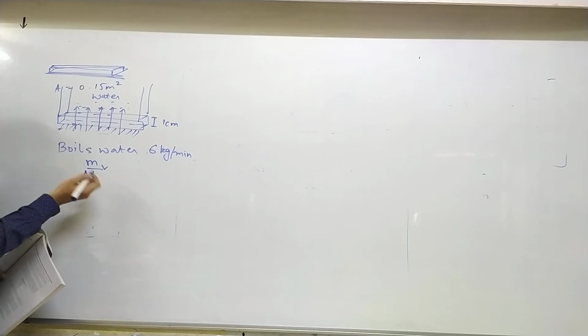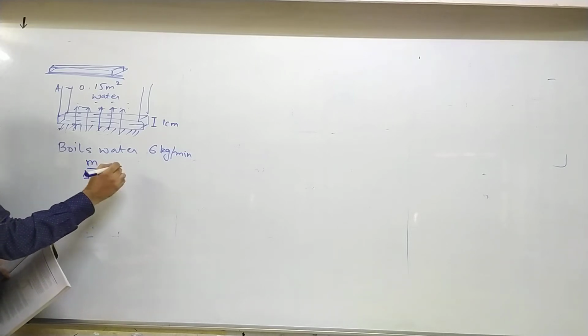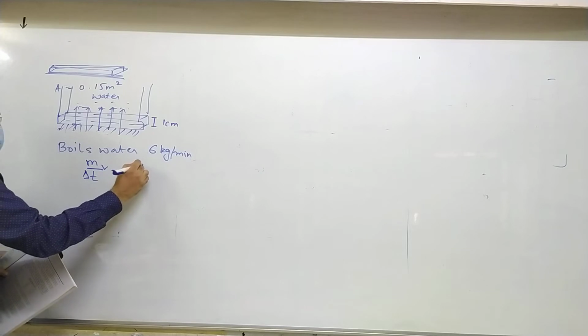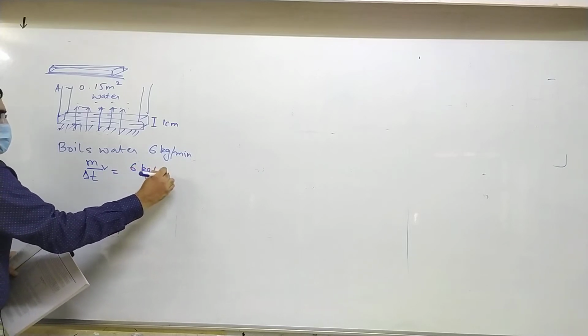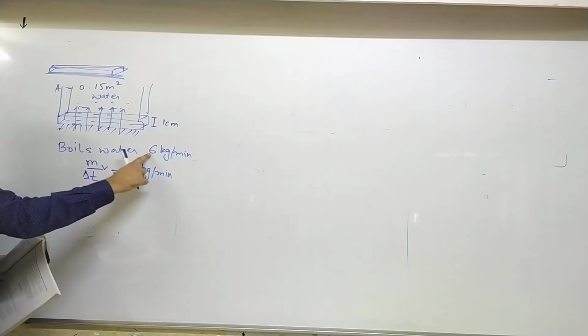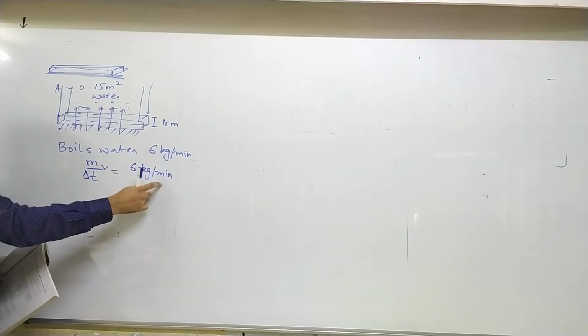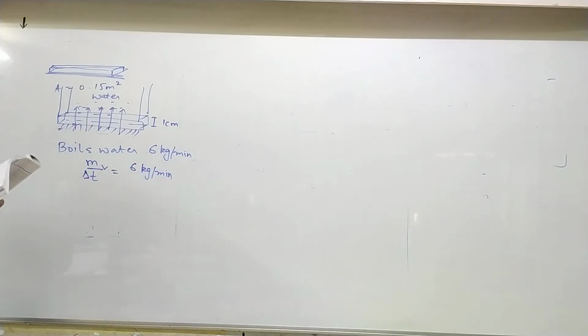Or you will write delta T also if you want. MV by delta T is equal to 6 kg per minute. Again, mass vaporized 6 kg per minute. So it boils water at this rate.